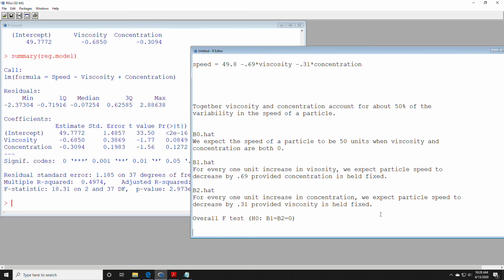Both predictors are useless because their slope parameters are 0. Because the p-value, which is 3 times 10 to the negative 6th, is less than alpha, 0.01.